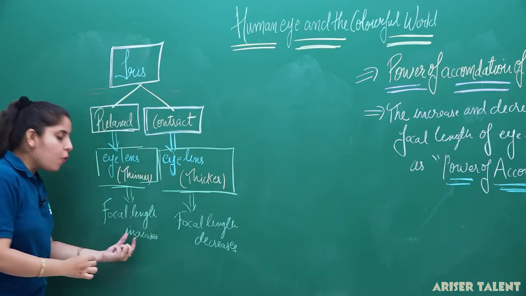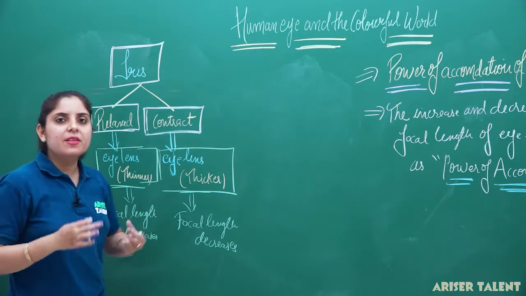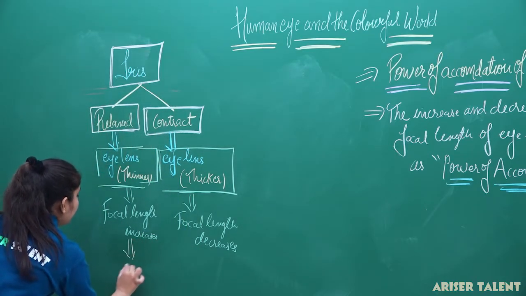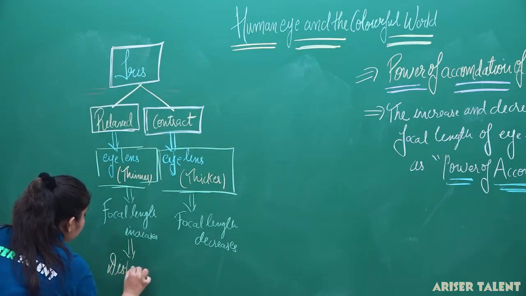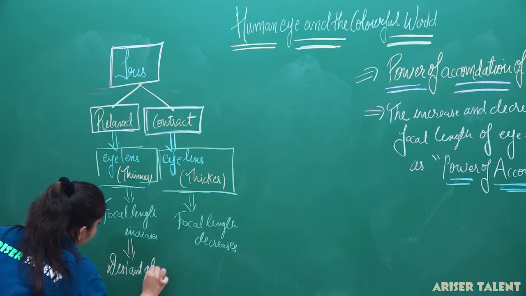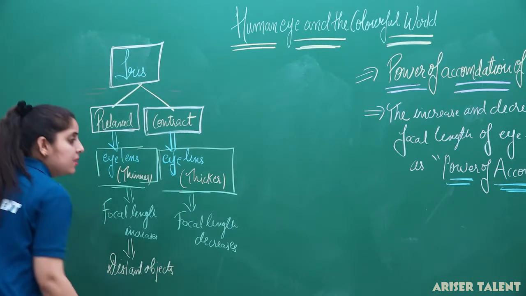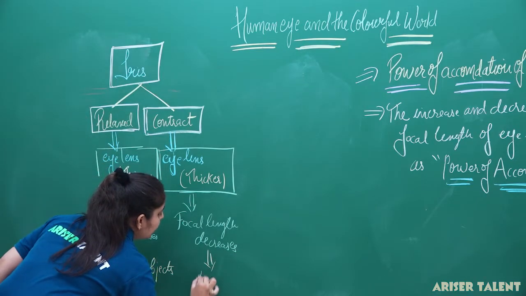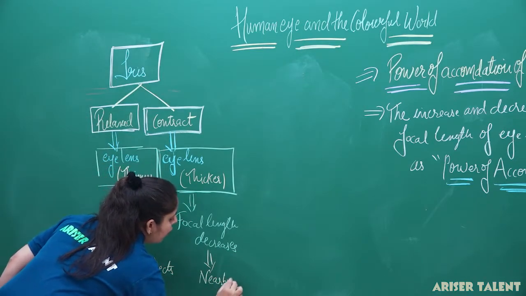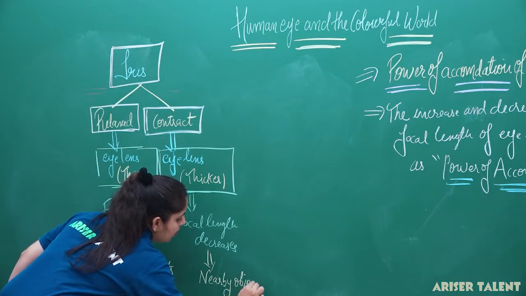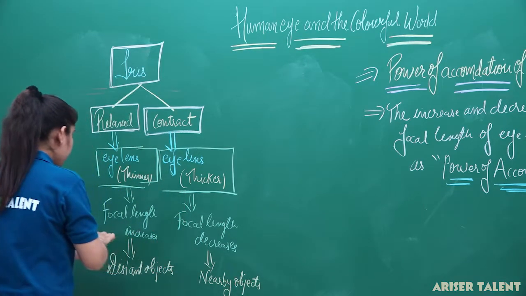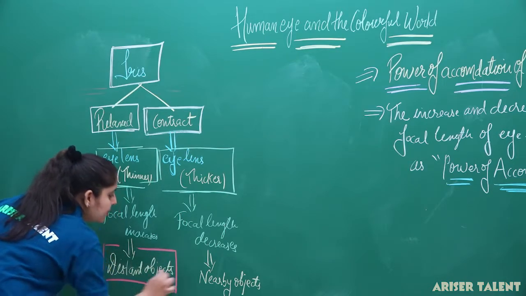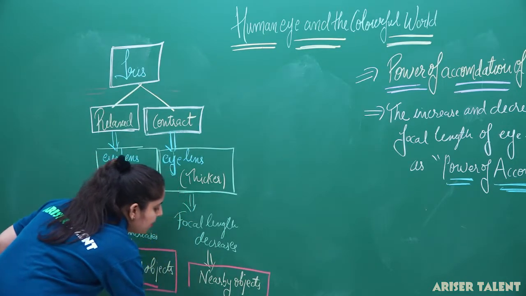When the focal length increases, you can see the distant objects clearly, and when the lens becomes thick, you can see the nearby objects clearly. So there are two cases, depending on whether the focal length is increased or decreased.